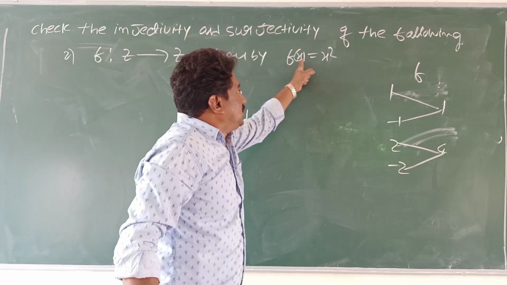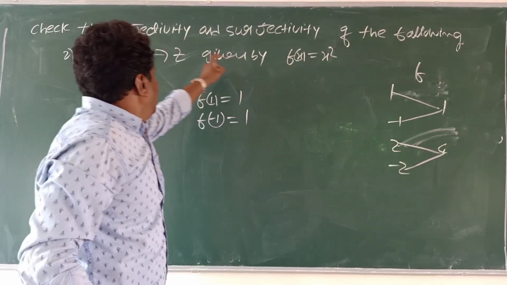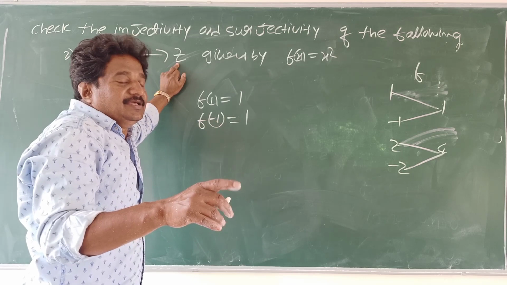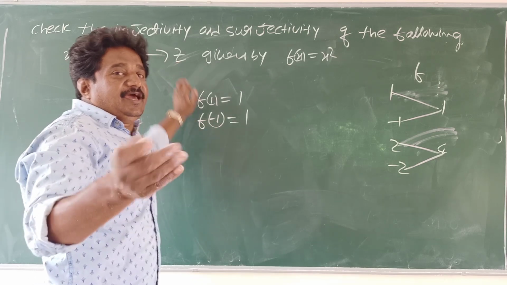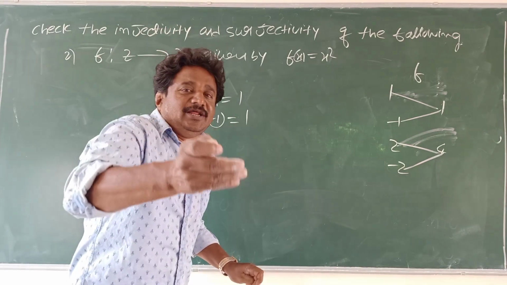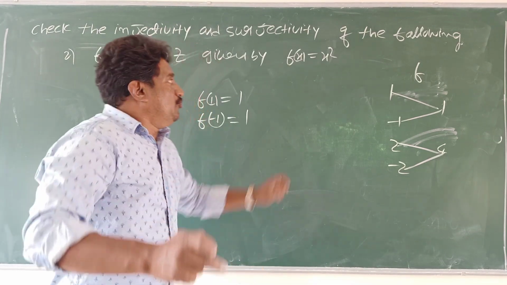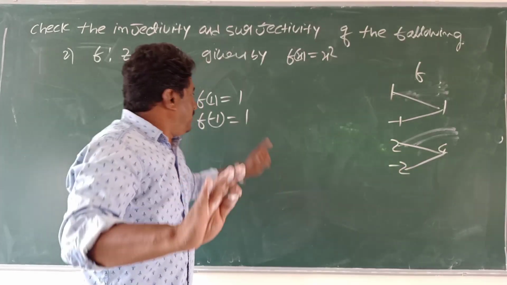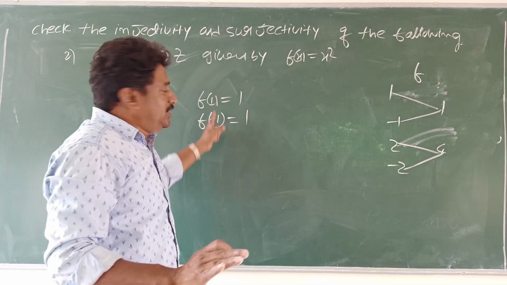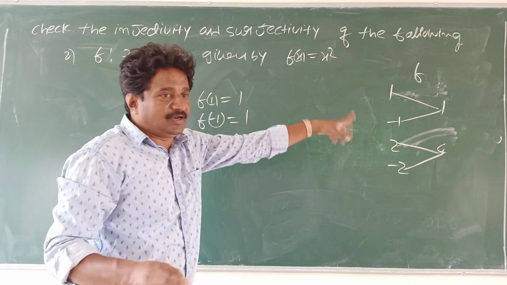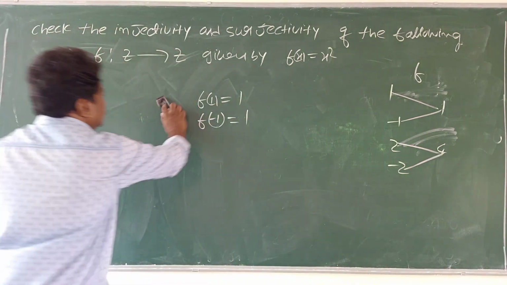If your function contains x square and the set is either integers or reals, there we will get negative numbers. If both positive and negative numbers are available for the function f(x) equals x square, then it won't become 1-1, because different elements are related to the same element. Is it 1-1 or not 1-1? Not 1-1.